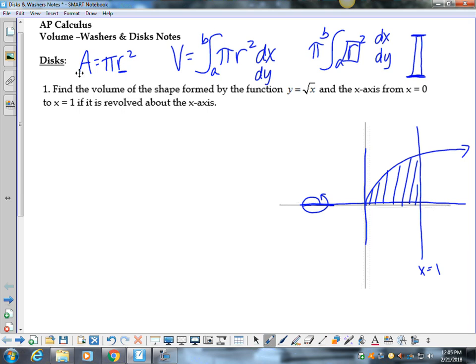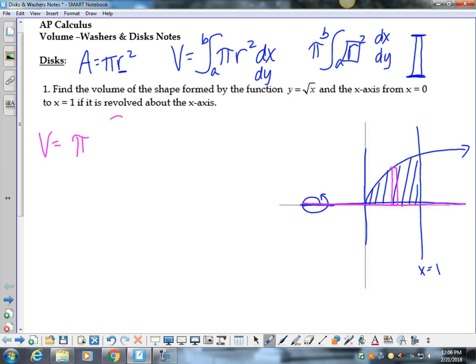Okay, and this is really important. You're going to always draw your rectangle, your slice, perpendicular to your axis of rotation. So I'm going to slice it vertical since my axis of rotation is horizontal. So my volume is going to be pi r squared.